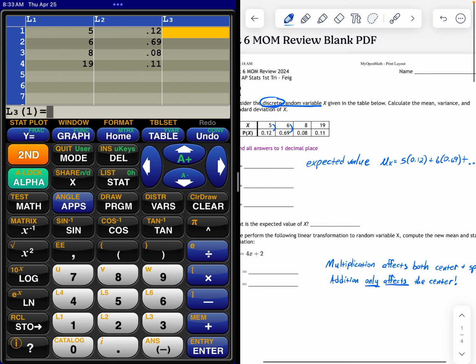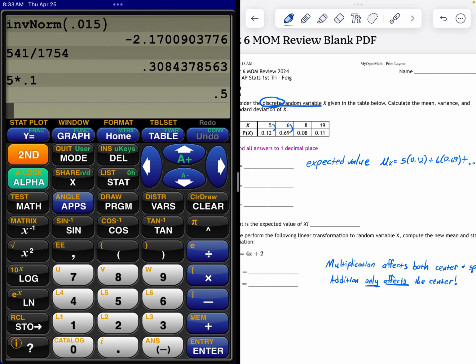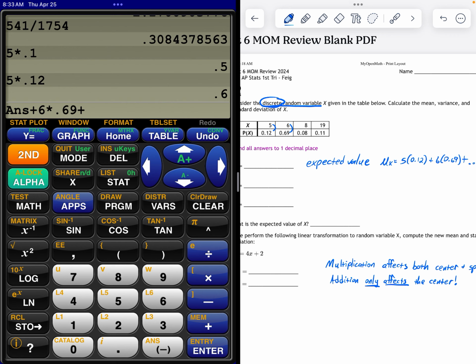So 5 times 0.12 plus 6 times 0.69 plus 8 times 0.08 plus 19 times 0.11.